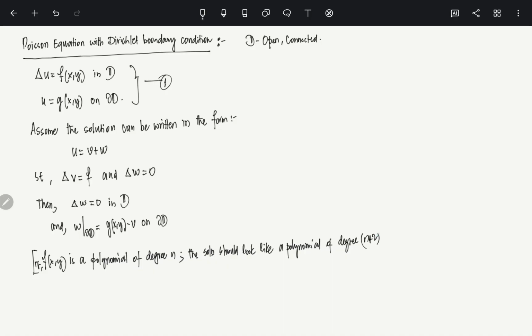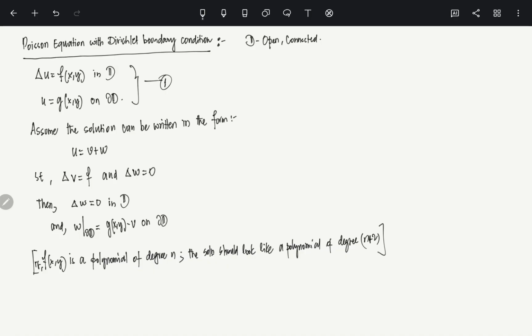Because this is a second order equation. See, if the solution is degree n plus 2, then the second derivatives, you can think of it as 2 degrees less, so it should be n. And that second derivative is nothing but f, so that should be of degree n. So that's the general idea of it.